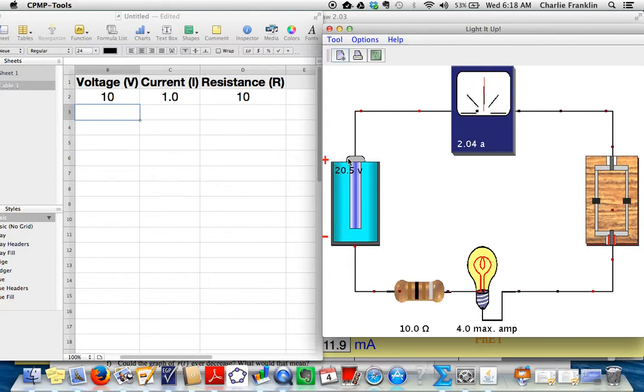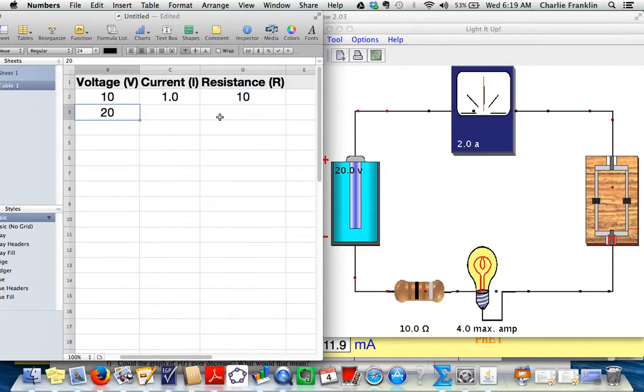You see the rating on the amp meter going up? So now I've got a voltage of 20. I'll put that in here. I kept the resistance at 10. And what happened to the current? It went up to 2 amps.